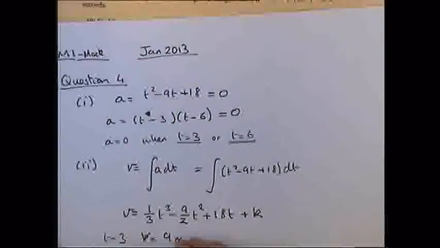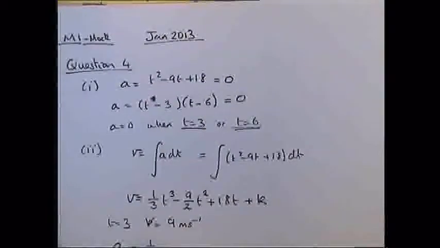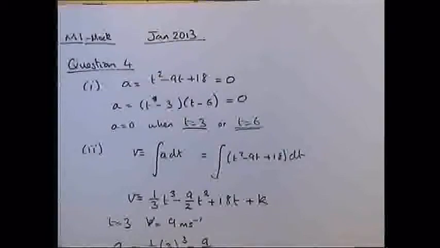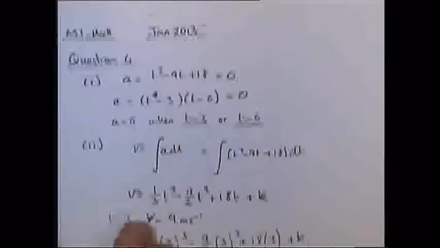So v equals 9 meters per second. So I know 9 equals 1/3 of 3 cubed minus 9 over 2 of 3 squared plus 18 times 3 plus k. Now I've just got to work out those values and rearrange to find my constant k. You do the same please.